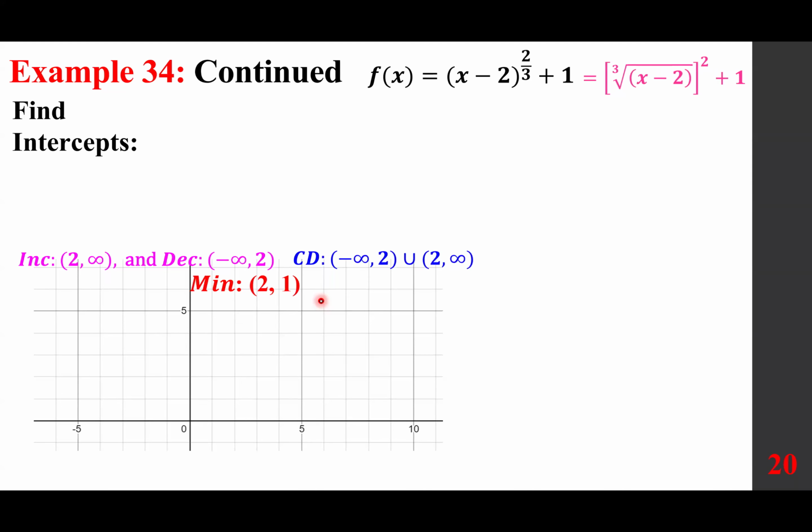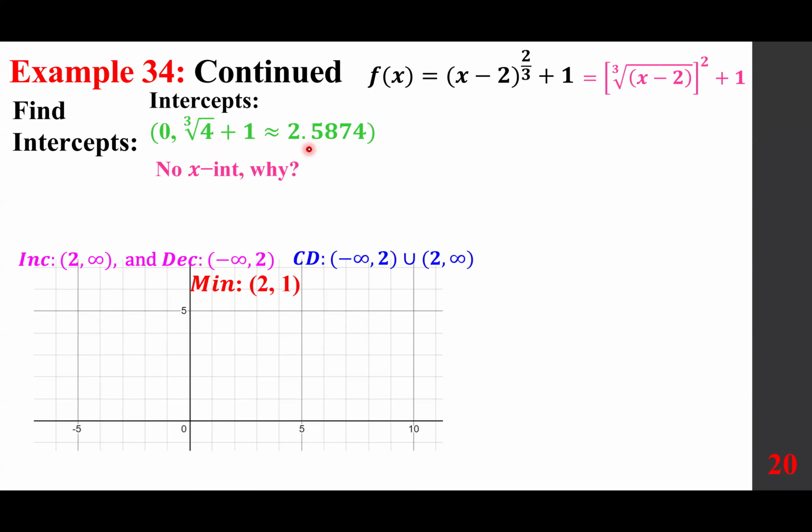So one easy intercept is the y-intercept. Plug in 0 here or here. If I plug in 0, I get minus 2 squared, I get 4. Cube root of 4 plus 1 precisely. That means 0, cube root of 4 plus 1. For the sake of graph, we're going to go with the rough estimate: cube root of 4 plus 1 is 2.5874, 2.6.